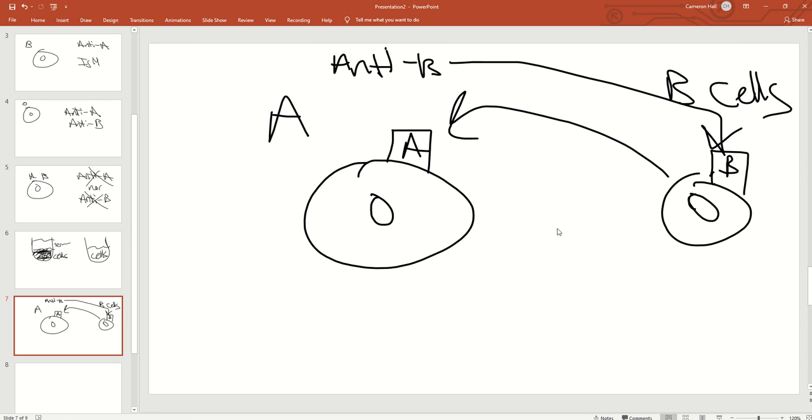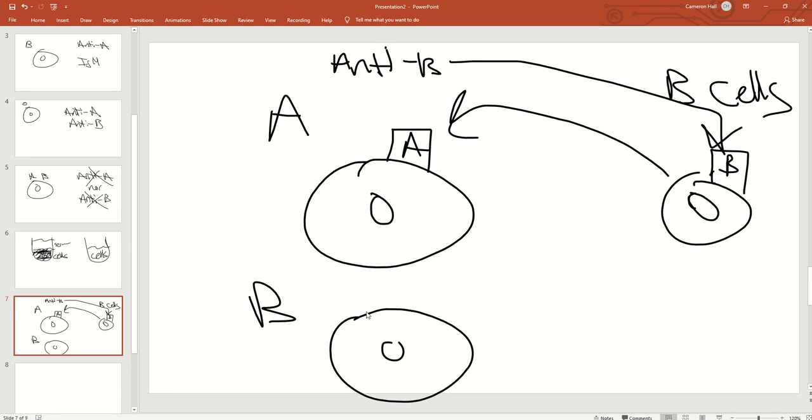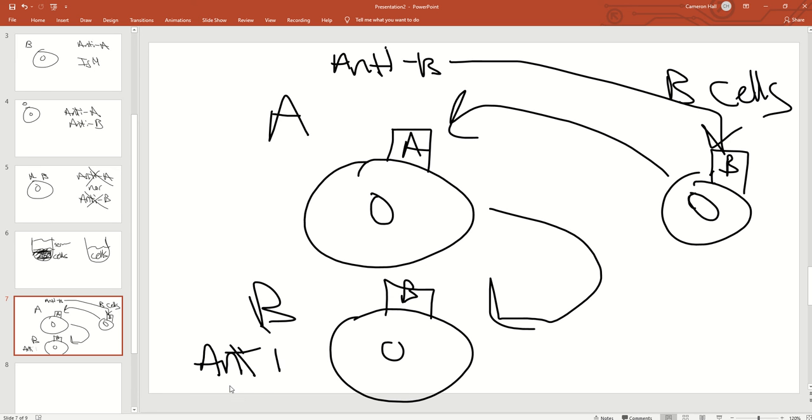And this is going to happen with any conflict. If you're a B cell and you're given A, we'll just draw an arrow down here. It's the same story. You have anti-A in your serum, as we said. The anti-A antibody is going to attack the antigen.